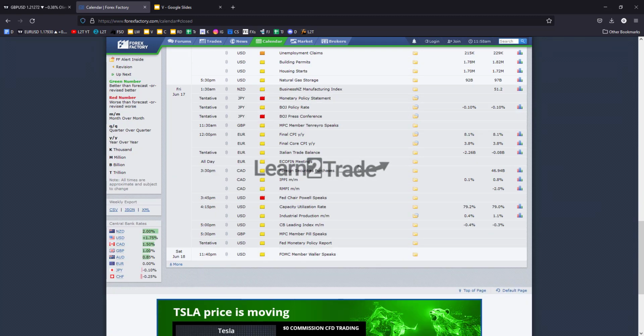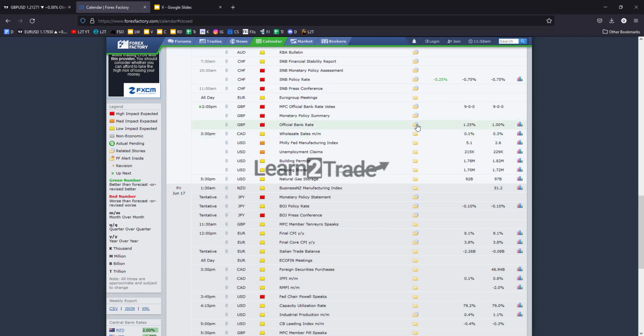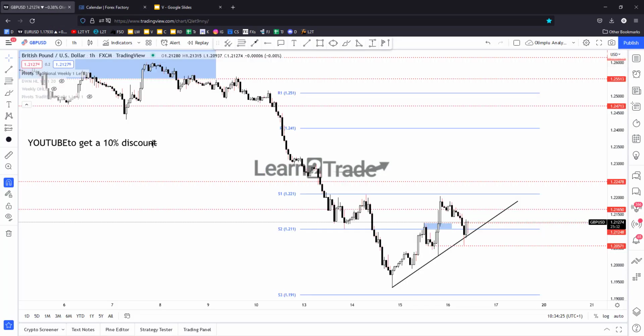So very important, we cannot exclude a surprise today from the BOE. Maybe the Bank of England will decide to increase the official bank rate to 1.50%, above 1.25%. The official bank rate release and the monetary policy summary could bring high volatility to the British pound.